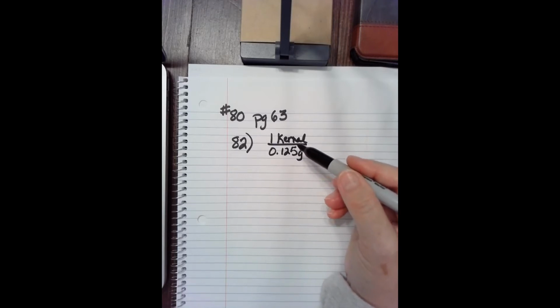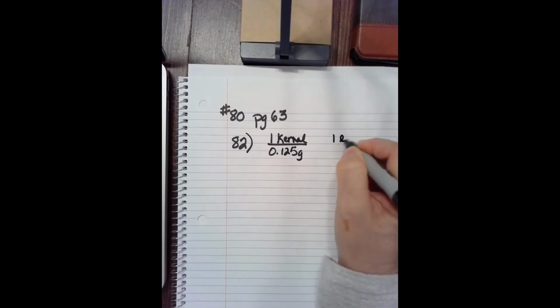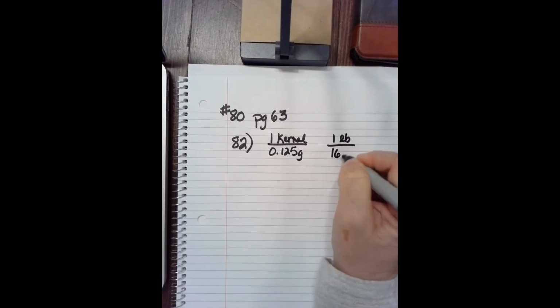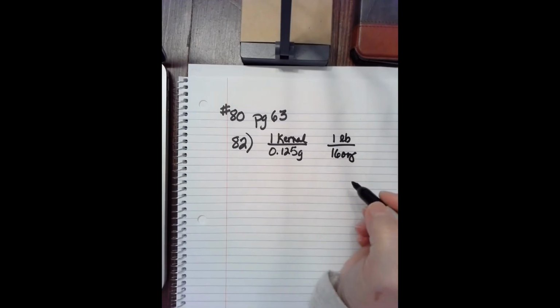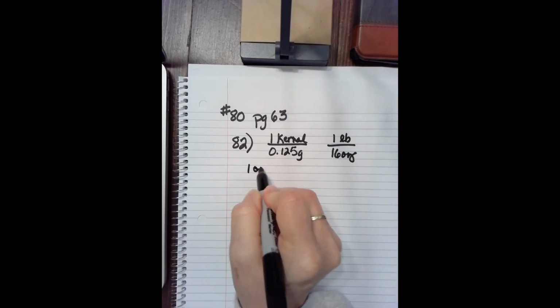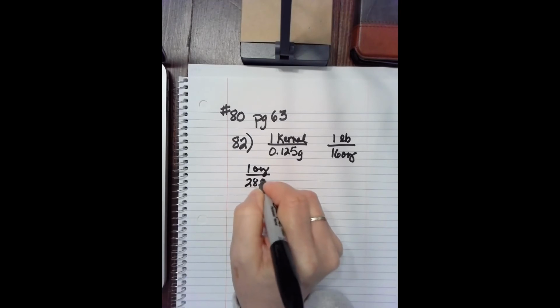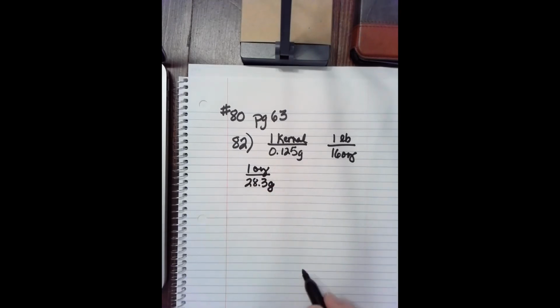And then it says, so this is true, 1 pound is 16 ounces. That's another fact. And the other fact is 1 ounce equals 28.3 grams.